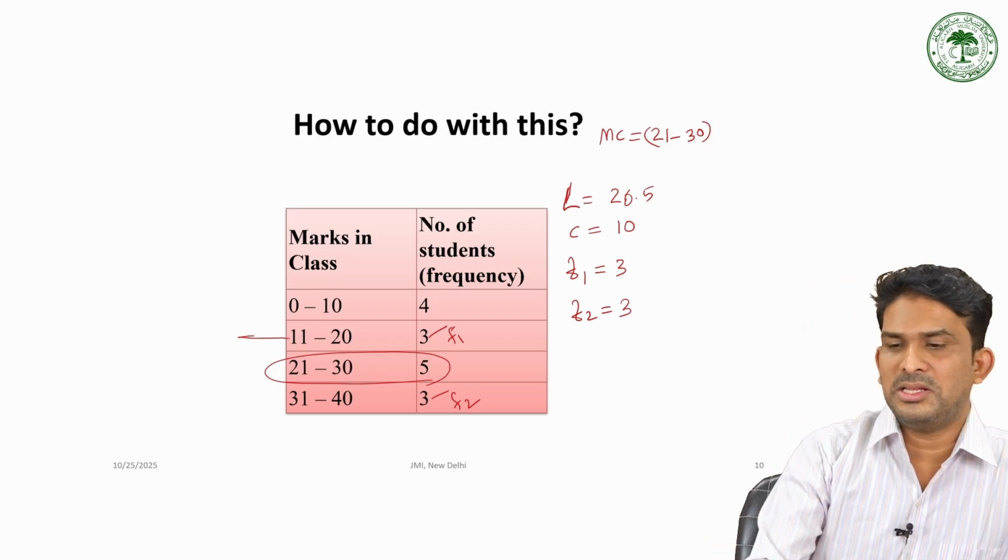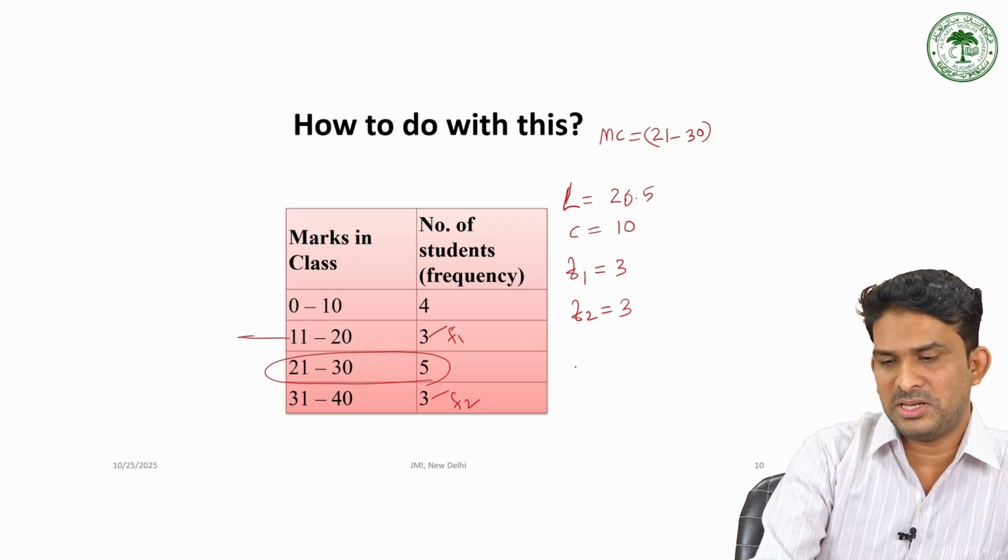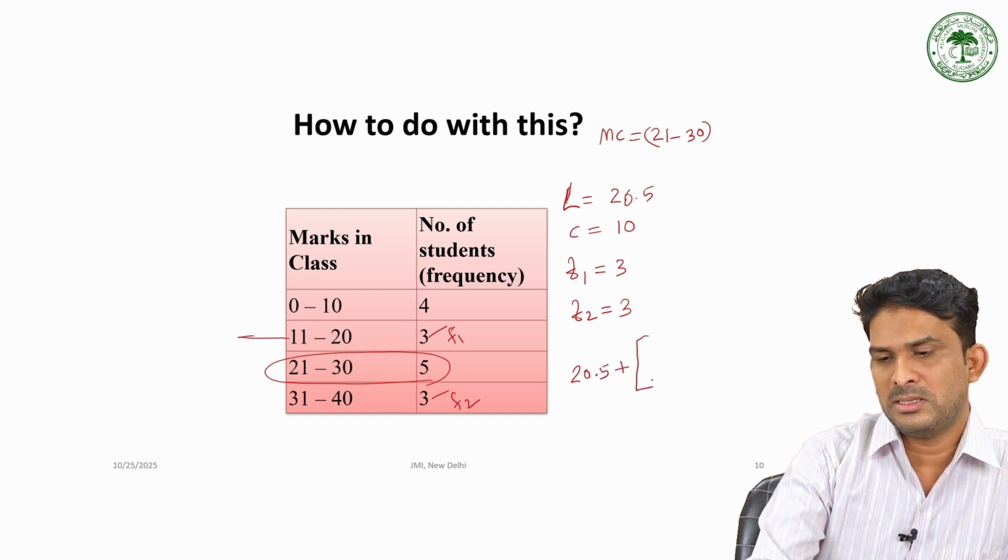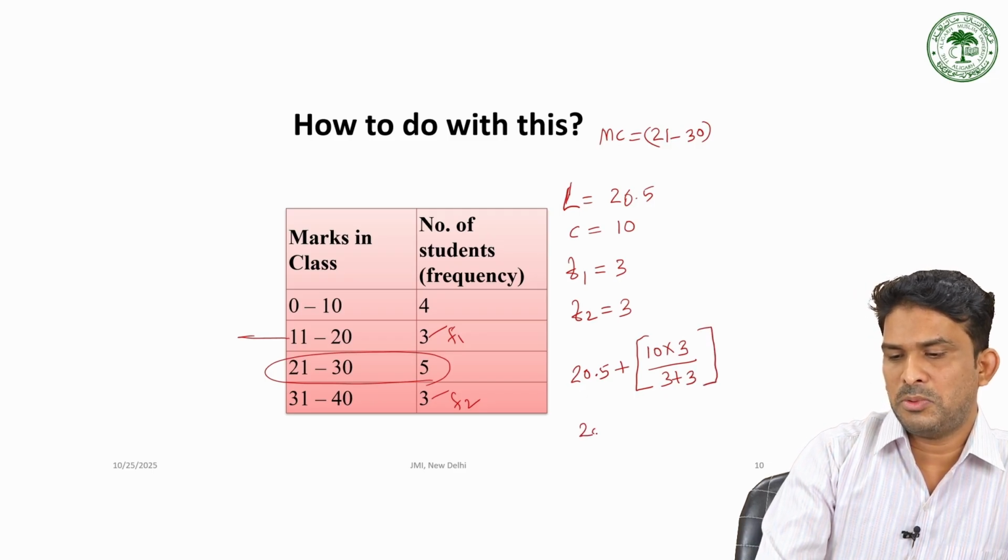Let us write it in the equation. L is 20.5 plus C is 10 into F2 is 3, over F1 plus F2, 3 plus 3. 20.5 plus 10 into 3, 30, right? 30 upon 6.